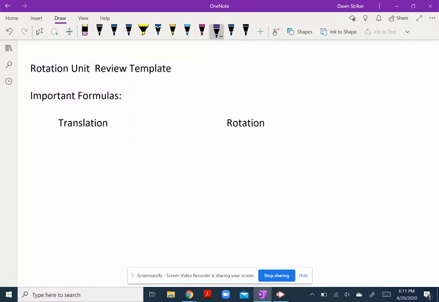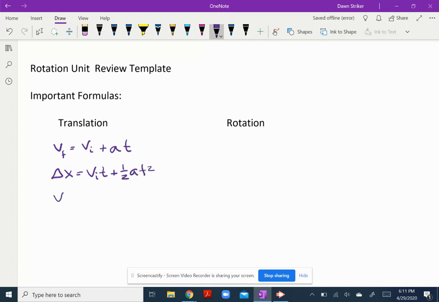All right. So for translation, what are our formulas for kinematics? V final is equal to V initial plus a t. What else do we have? Displacement is equal to V initial t plus 1/2 a t squared.